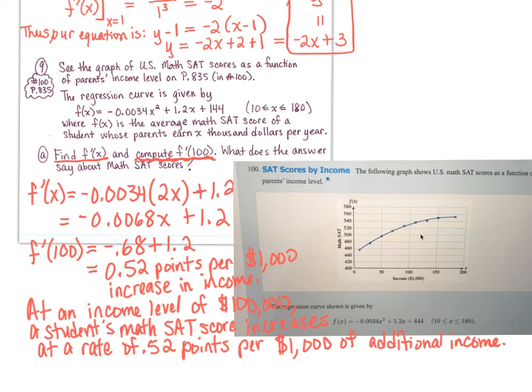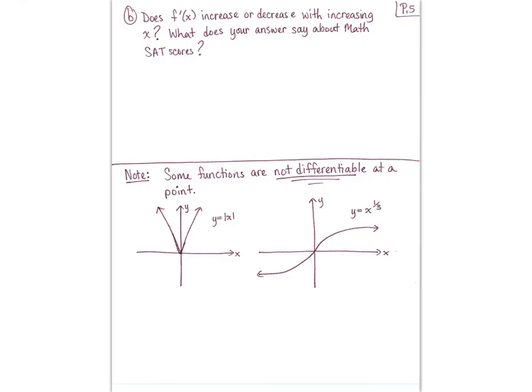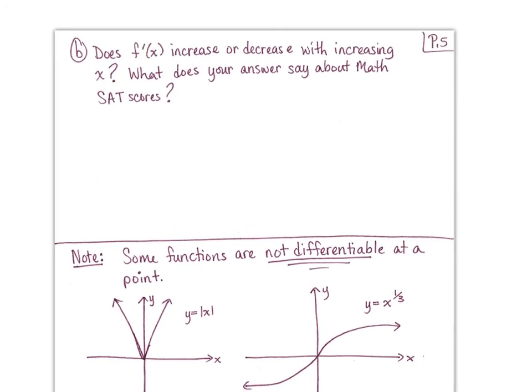So now, building off of this, we'll do part B of this question. Does f prime of x increase or decrease with increasing x? What does your answer say about math SAT scores? So let's write out f prime of x to remind ourselves. f prime of x was equal to negative 0.0068x plus 1.2. This is a line with what kind of slope?